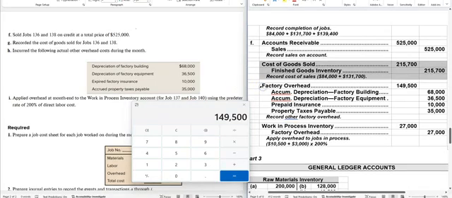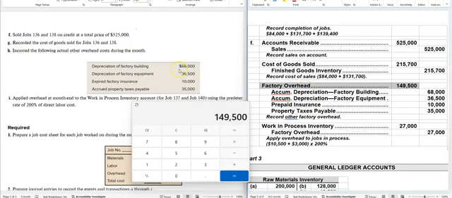So I debit my total indirect actual cost into factory overhead, and then the accounts I credit depend on what that indirect cost was. When we record depreciation, in the past we debited depreciation expense. Now we're recording those as part of the inventory cost, but we need to credit accumulated depreciation.